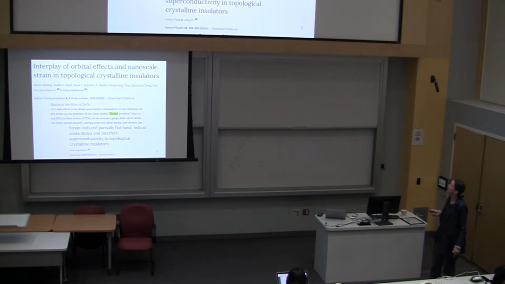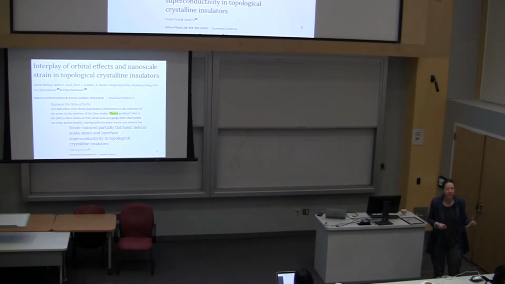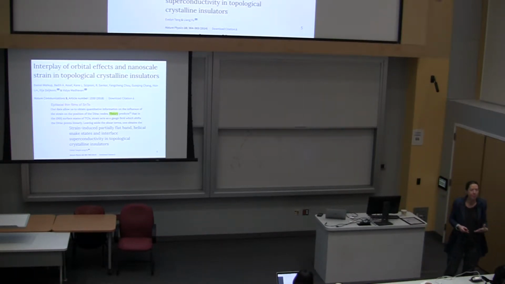Not to make Vigil feel left out, anytime you work with topological systems, there's always going to be some band structure calculation in there, either a model, a full first principles calculation, or something involving a model that ultimately goes back to some kind of first principles fitting.